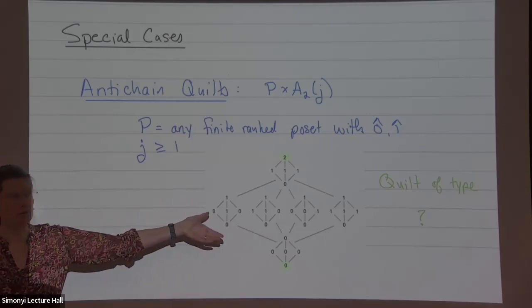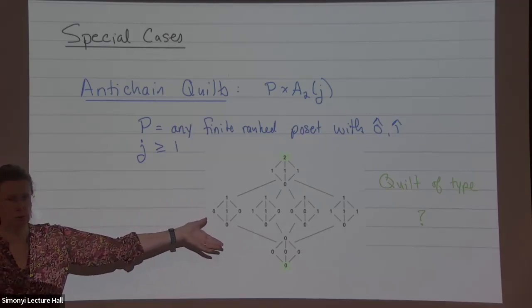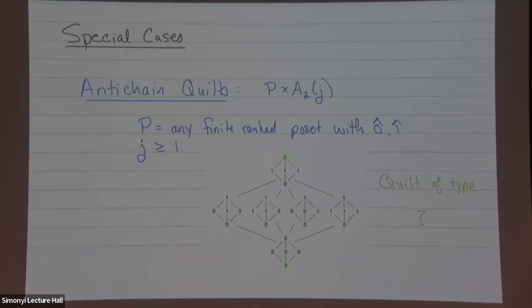Do you see what are the 2 posets being product together there? Yeah. So A4 crossed with an A3. Right, so that's an anti-chain quilt.